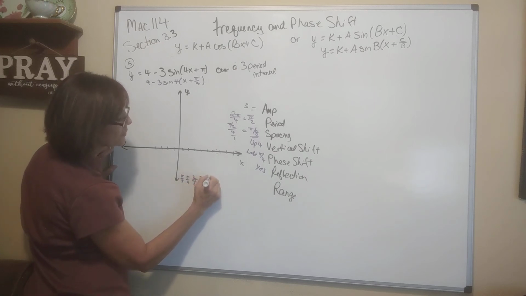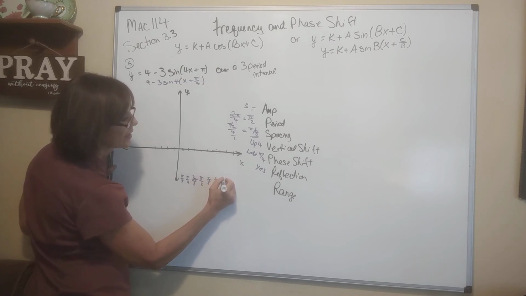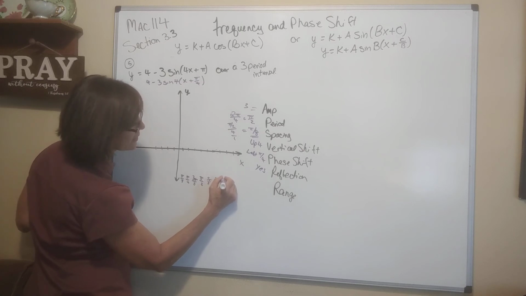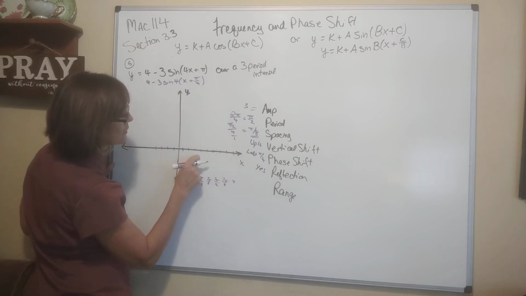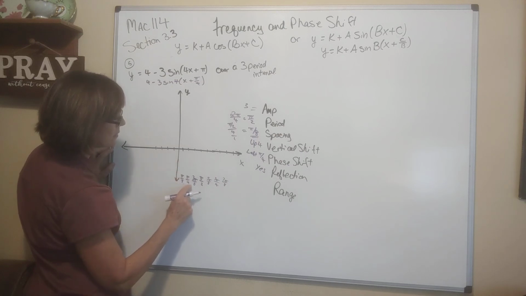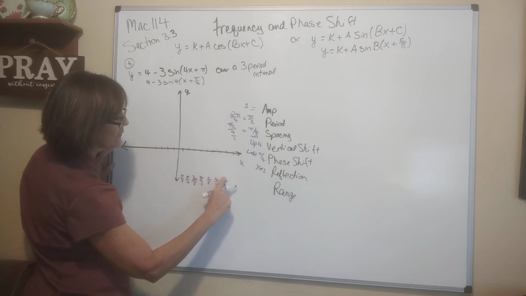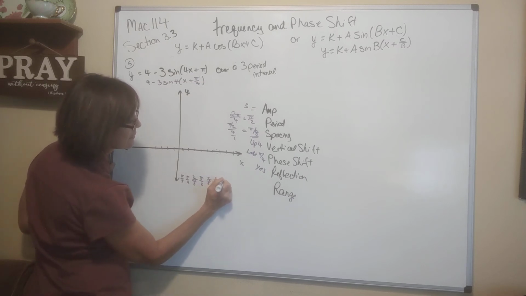The next one will be 5 pi over 8. The next one will be 6 pi over 8 or 3 pi over 4. 7 pi over 8. 8 pi over 8 is pi.